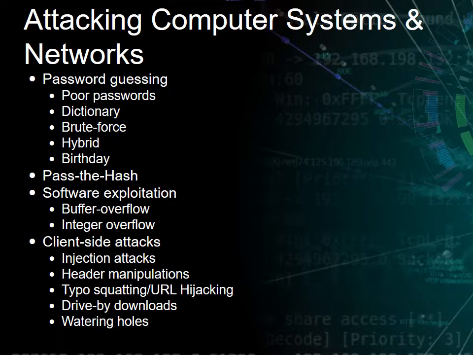There's pass the hash, which I was starting on before. It's a technique where the attacker captures the hash used to authenticate a process and then can use that hash by injecting it into a process in place of the password. This is a highly technical attack, requiring significant technical knowledge to achieve.